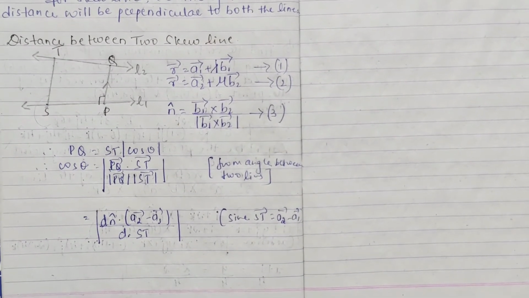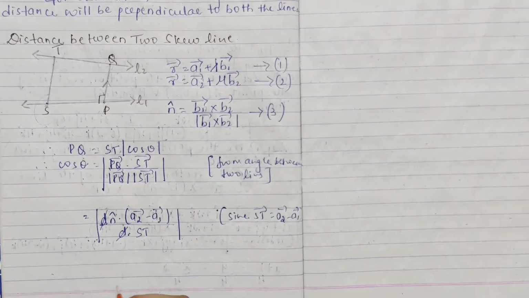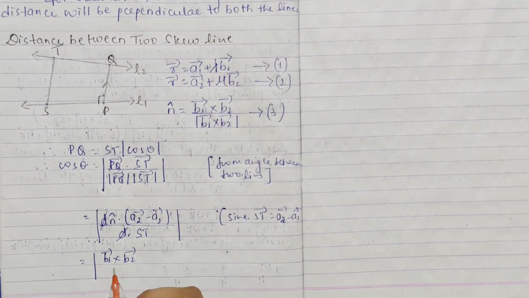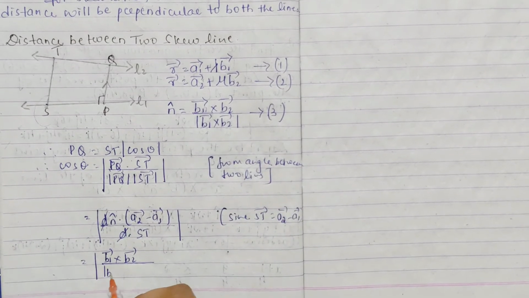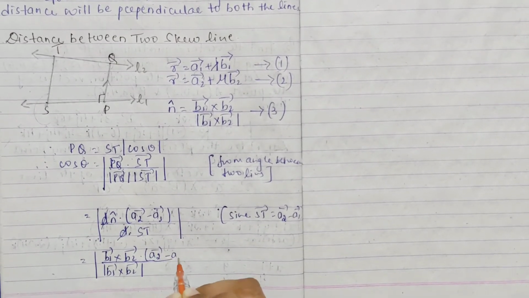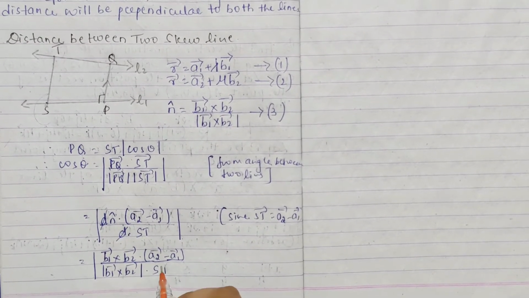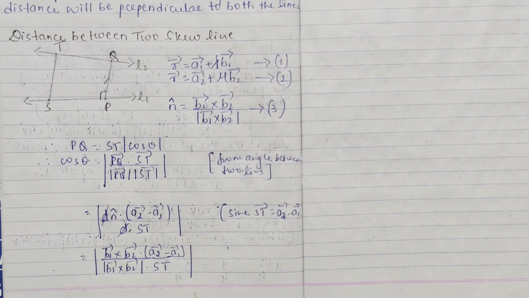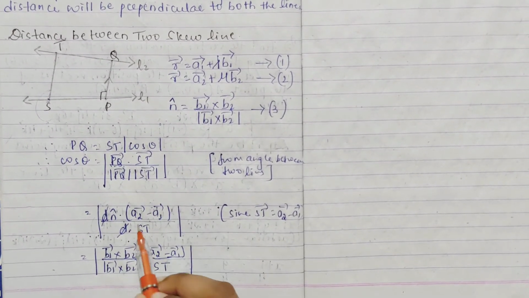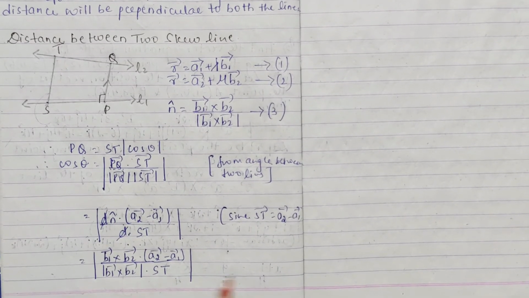Simple. Here you can see your D gets cancelled. Your n cap, just to substitute in this, your n cap will be vector B1 cross vector B2 whole divided by modulus vector B1 cross vector B2. This remains as it is, vector A2 minus vector A1, and then you have just ST. Your modulus of PQ is D, modulus of vector ST is just ST. Simple, just remember this, that's it.